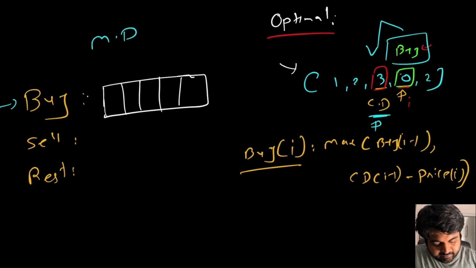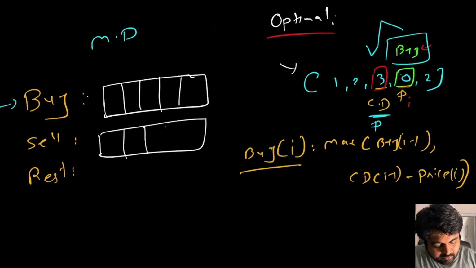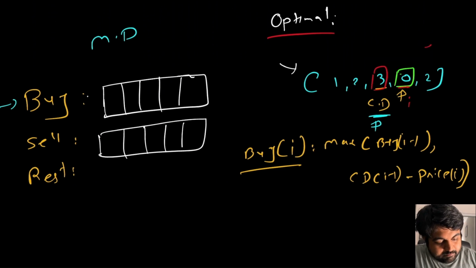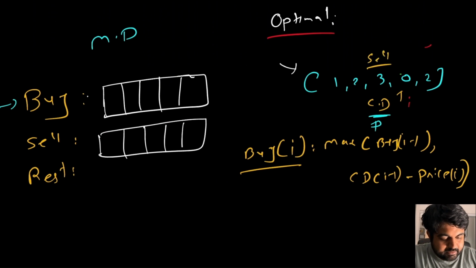In the same way for selling, let's say we want to calculate the maximum profit we can make if I decide to sell on any particular ith day. Once again, I have to do the calculation with the previously calculated values, but in this case the calculation is a bit different. If I decide to sell today, the profit I'll be comparing it with is the profit I was making if I sold yesterday.